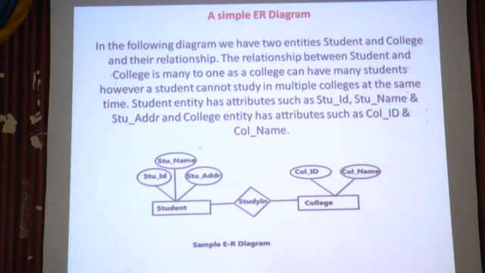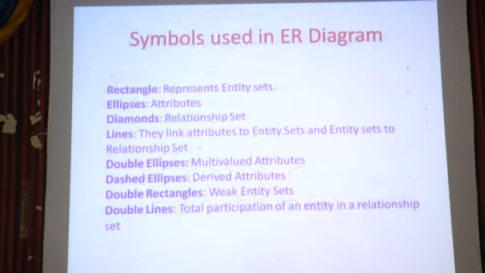Each and every student studies in a particular college. So study in is the relationship, represented in diamond symbol. Entities student and college are represented in rectangle symbol. Then oval symbol is for attributes. Here student ID, student name, student address are attributes, represented in oval symbol.